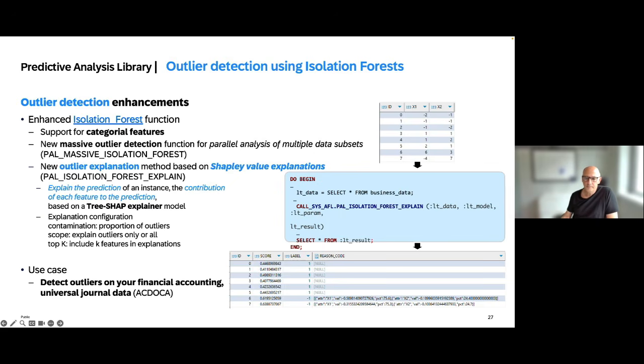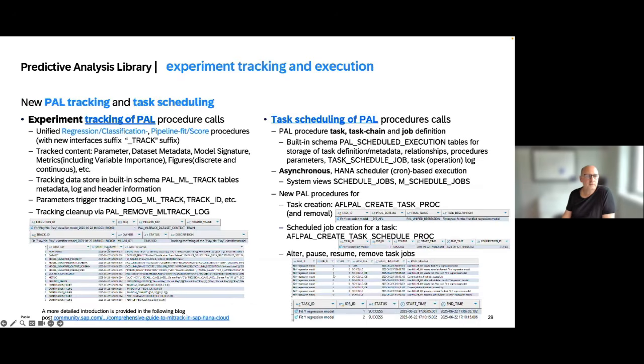So x1 is about 75% contributing to that decision that this ID 6 or 7 is an outlier. And scenarios where we've seen this applied is detecting outliers in financial accounting data, like the universal journal data, ACDOCA.